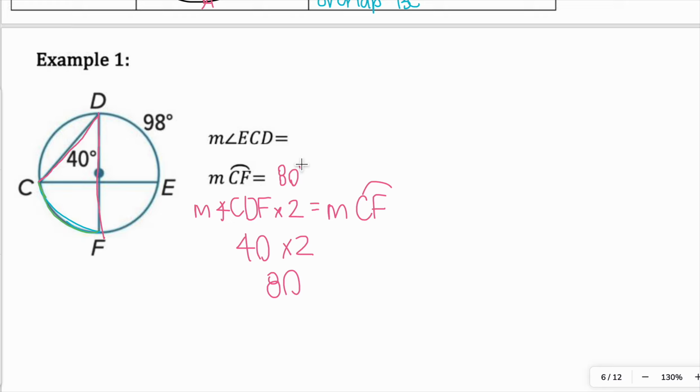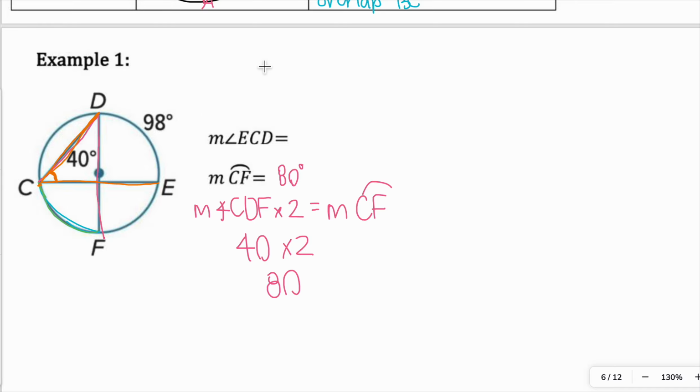Now, ECD is a little bit different. I saw it as here, so we're going to highlight this orange piece. Notice it's also not going through the diameter, so we don't know if this is a right triangle or not. So ECD is intercepting arc ED.